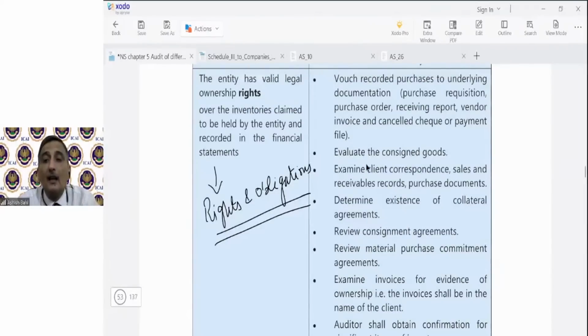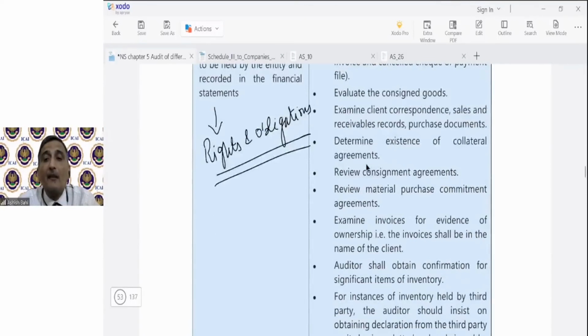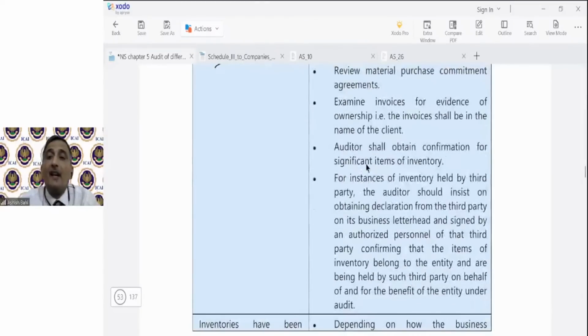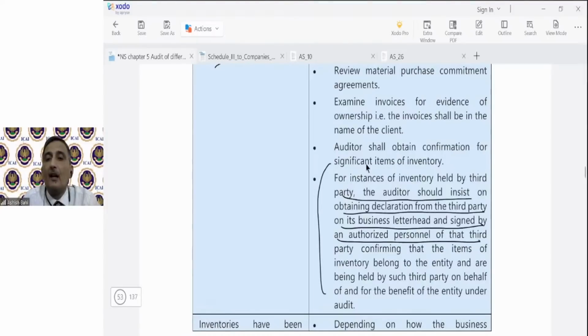So examine invoices for ownership, and for inventories held by third parties, the auditor should insist on obtaining a declaration from the third parties, signed by authorized personnel, stating that the items of inventory belong to the entity and are held by the third parties.